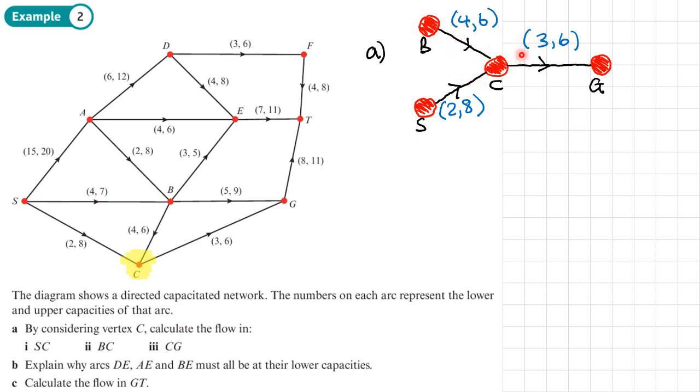If I look at the arcs going into it, I can see I've got a minimum capacity of 4 here and a minimum capacity or flow of 2. So from these 2 arcs, BC and SC, I've got a total minimum capacity of 6 flowing into C.